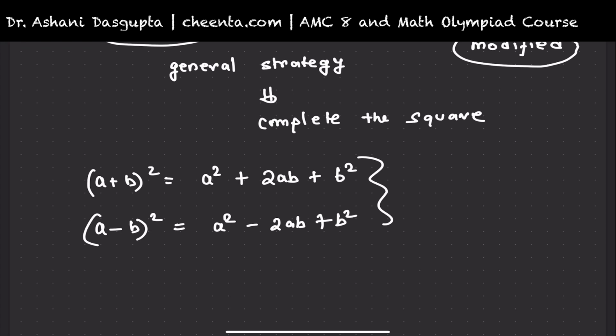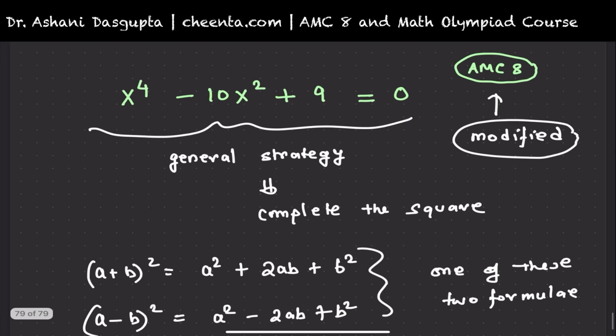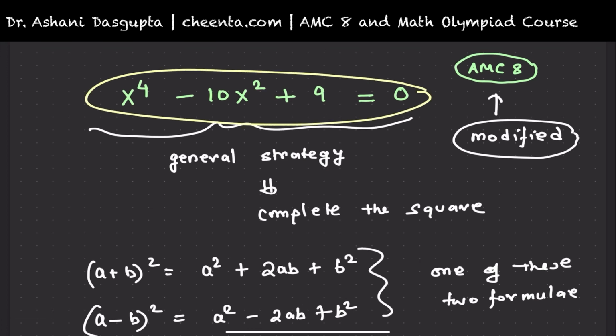You use one of these two formulas, and try to convert a part of this equation into a perfect square.